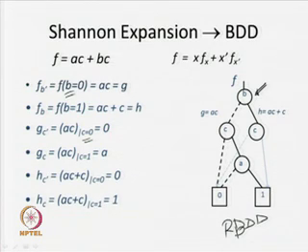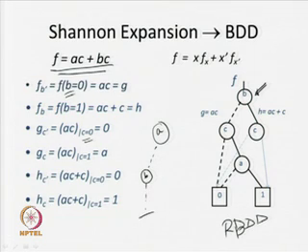So, the same function I am taking, f is equal to ac plus bc. Okay, I am getting one BDD this way and another BDD I am getting with a, b. If b is equal to 0, I am going to get 0.